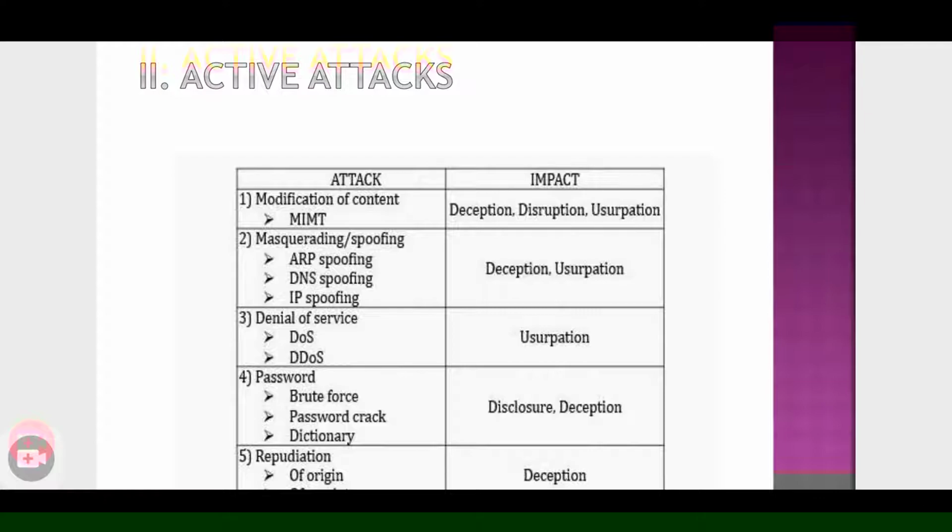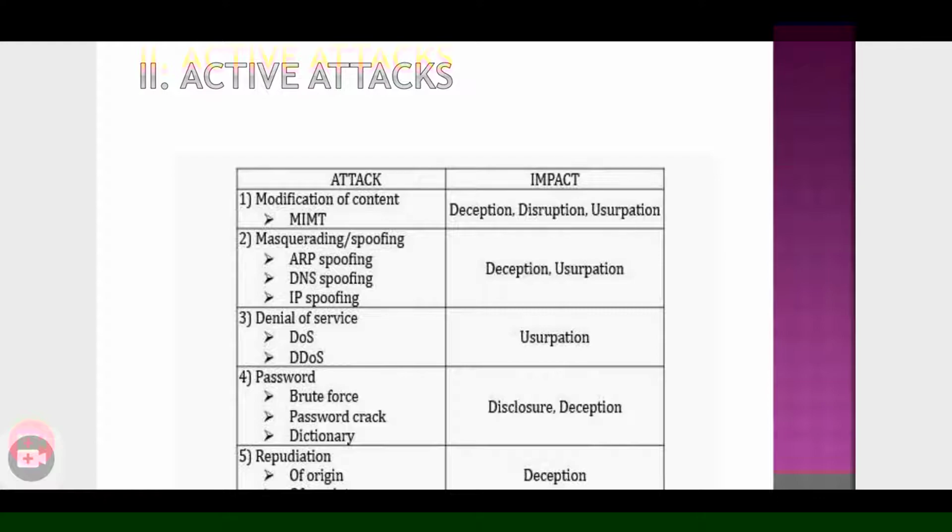But in the case of active attack, there is a modification or alteration of content, some deception, disruption or usurpation, or the disclosure of content, some password attack.